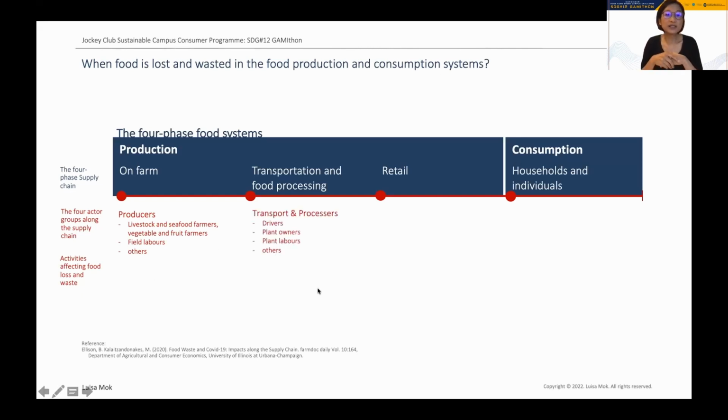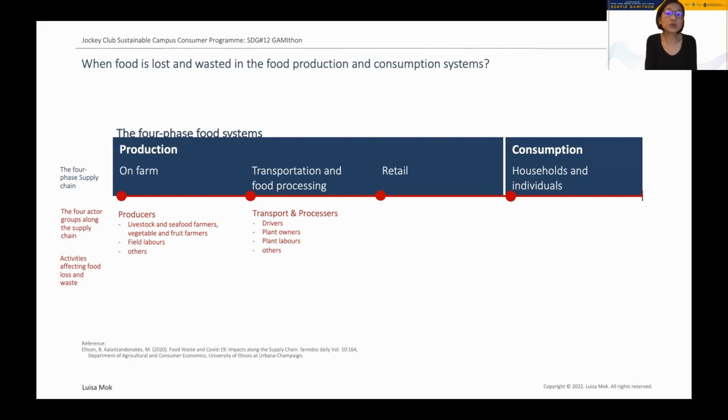And then the second one, transportation. The actors will be drivers or plant owners. For example, you need to cool or freeze some fruits before reaching the supermarkets, so you need to process them at a cooling plant. Or if you need to slaughter cows for meat, then you also need a plant and workers. So how does it affect food loss?